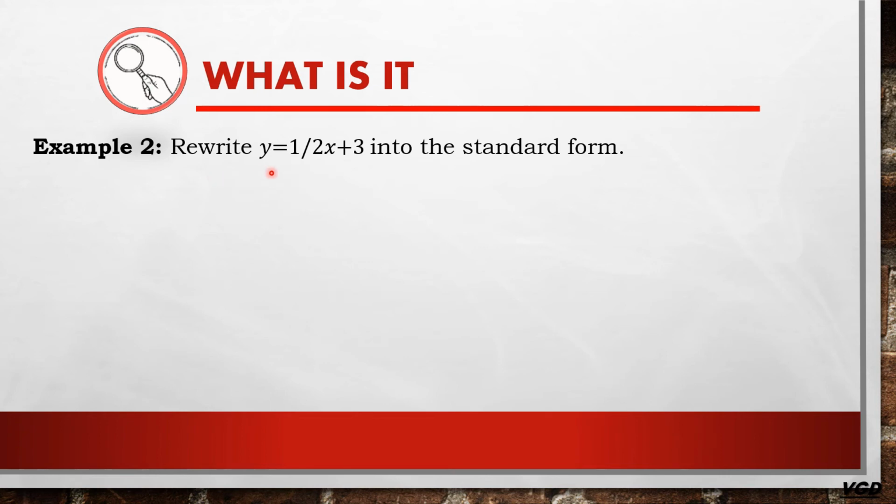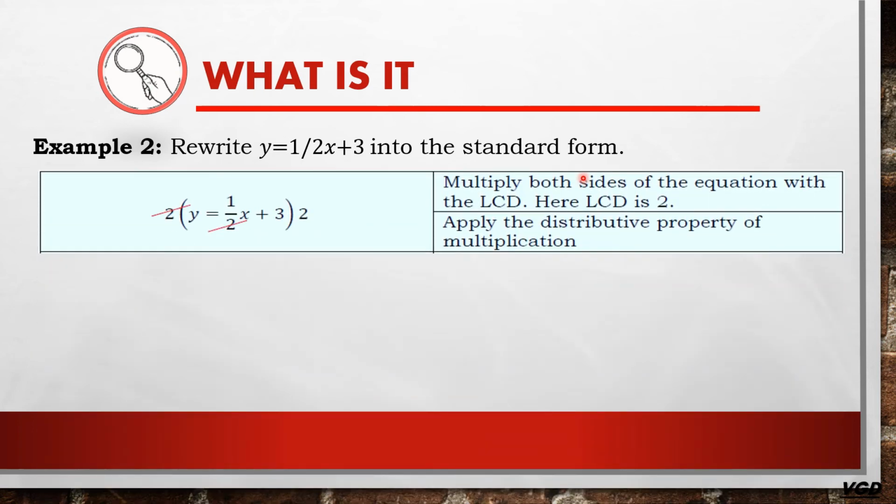Now, let's have this second example. Rewrite y equals 1/2 x plus 3 into the standard form. So, as you can see, it is in the slope-intercept form, and our goal is to transform it into standard form. So, how are we going to do that?